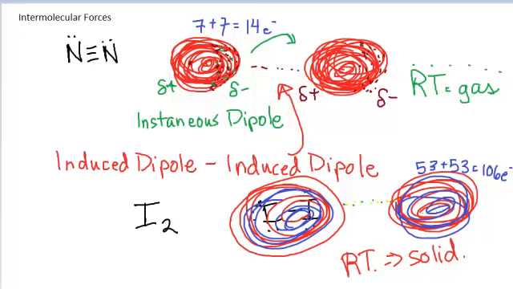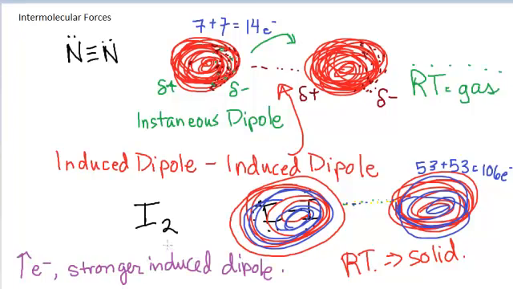Way more electrons means the greater potential for this instantaneous dipole, which means the greater attraction to neighboring molecules, inducing dipole moments in neighboring molecules, and the stronger this force of attraction is. So the bottom line is, the more electrons a molecule has, the stronger the induced dipole forces.